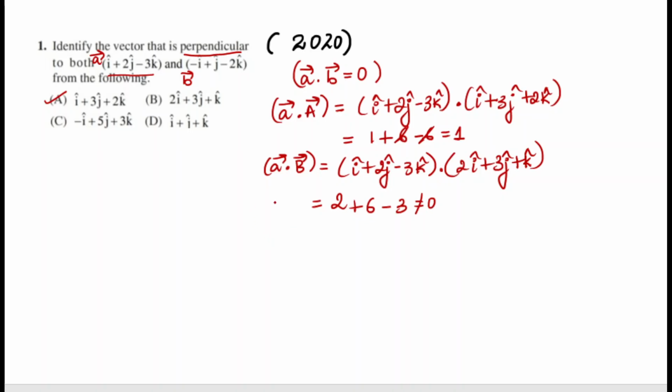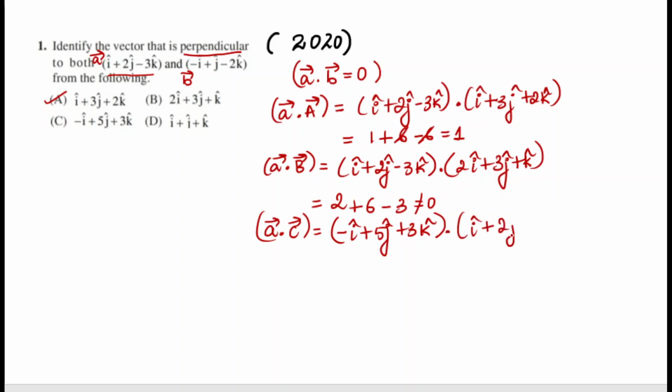Now let us proceed to the C option, that is c vector. a vector dot c vector, which is equal to minus i cap plus 5 j cap plus 3 times k cap, dot product with i cap plus 2 times j cap minus 3 times k cap. I can interchange because it is commutative.